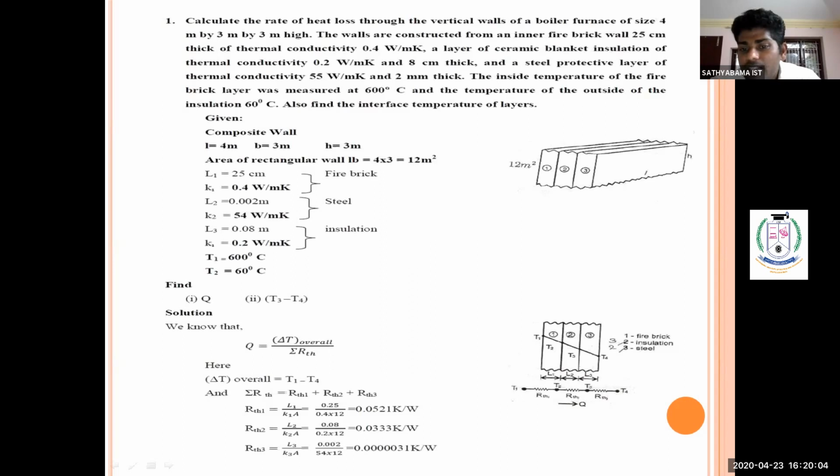The temperature difference is T1 and T4, that is the initial temperature and exit temperature. Don't consider the inner temperature as the initial temperature or the outer temperature as the exit temperature. You have to consider the first portion of the material. I'll show this is the first portion. First portion means T1 is the initial temperature and the exit temperature is T4. So the temperature difference you have to take as T1 minus T4.